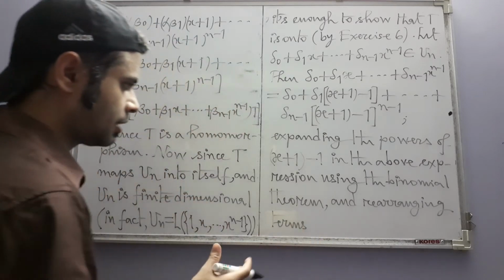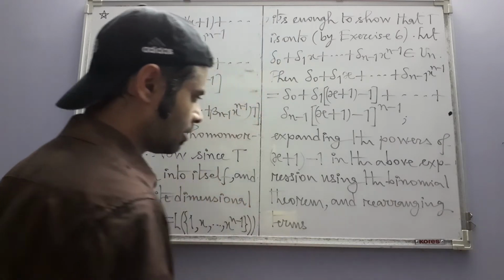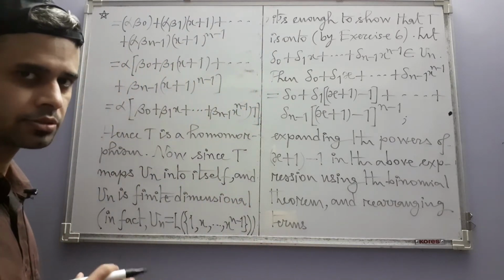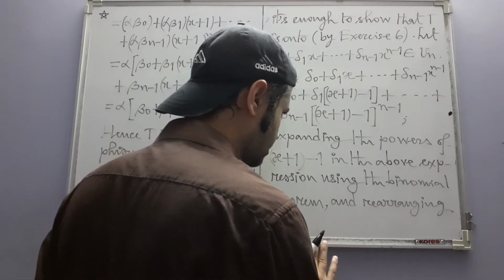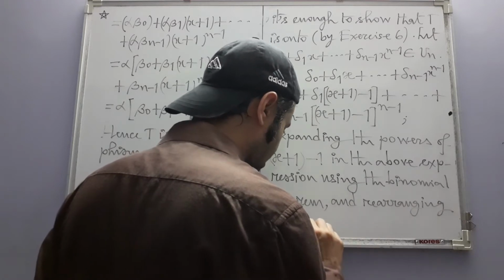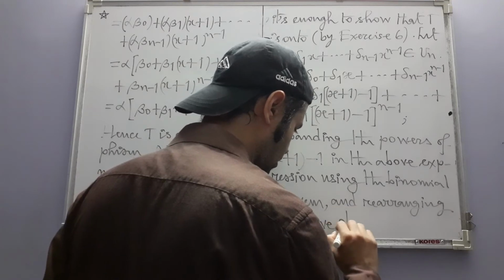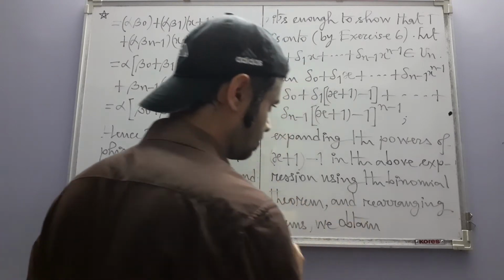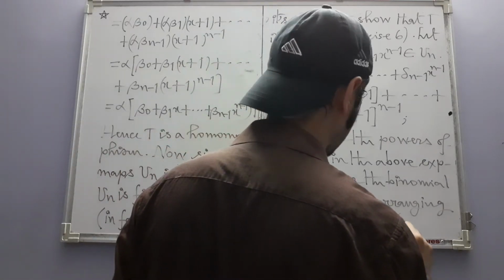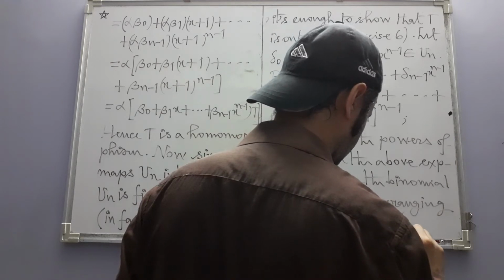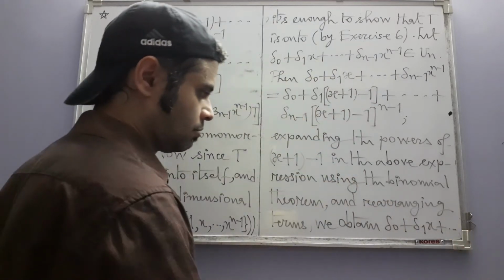More specifically, instead of rearranging terms, you can write collecting like powers of x plus 1, like that. But you already know what we mean here, so I am not elaborating any further on this. Rearranging terms, we obtain this.